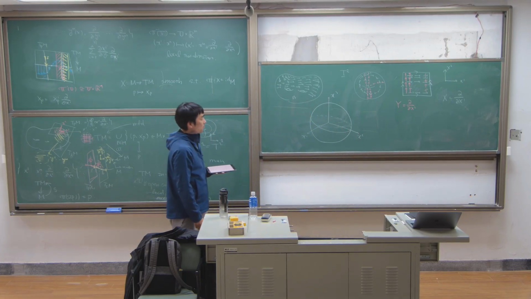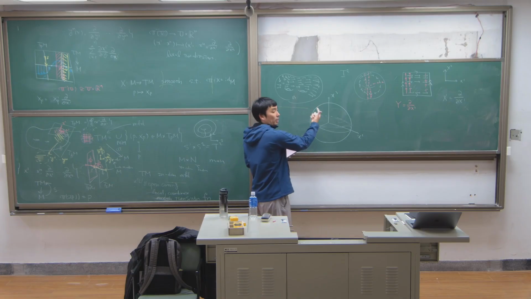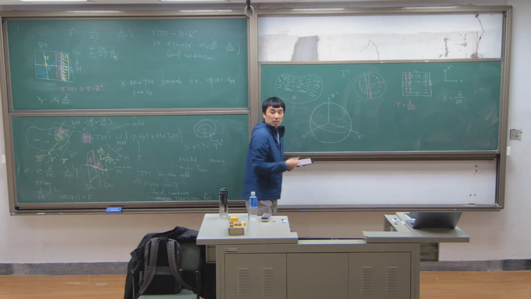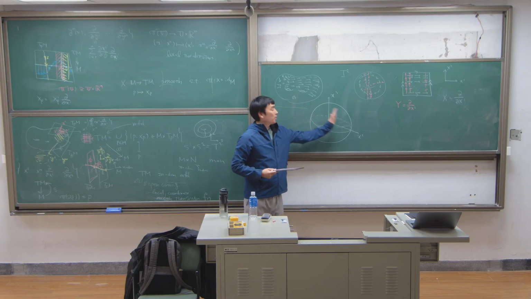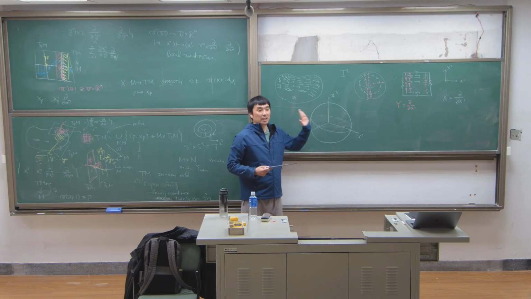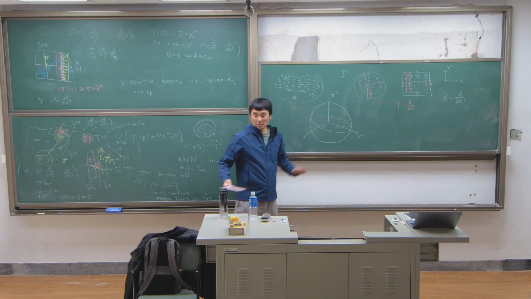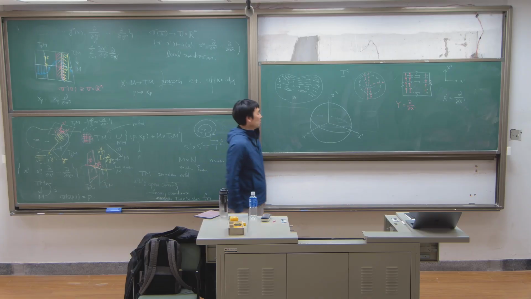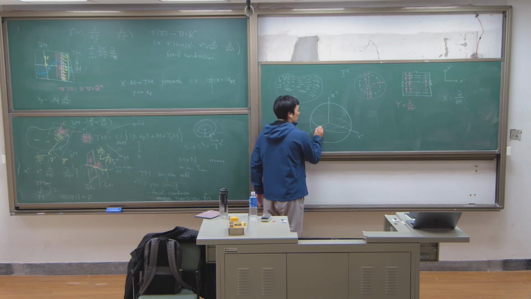Like this one. Then you can just rotate along the x3 axis. If you rotate along the x3 axis, what's going to happen? The vector will look like this.